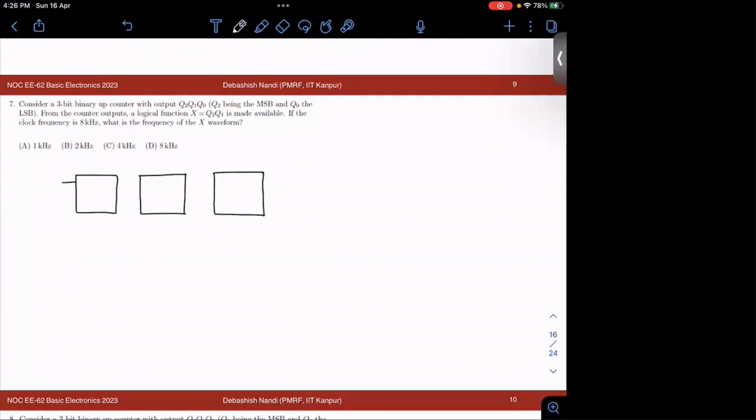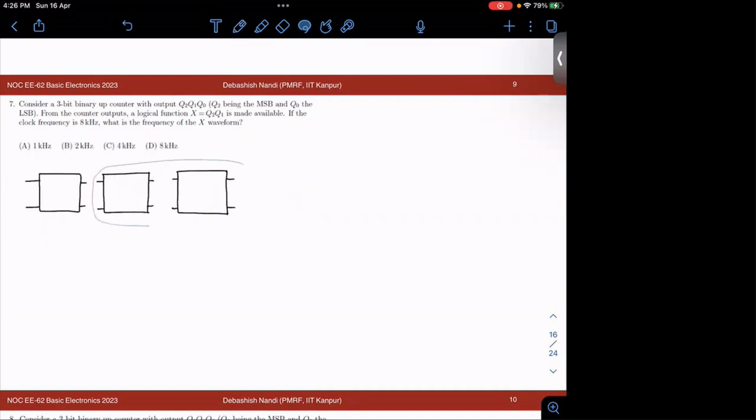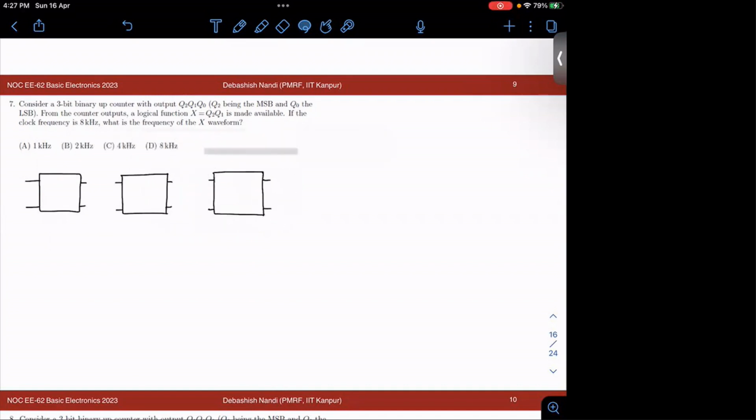Okay, so these are your inputs, these are your outputs. Let me just have more space here. Okay, so you generally connect your up counter like this.